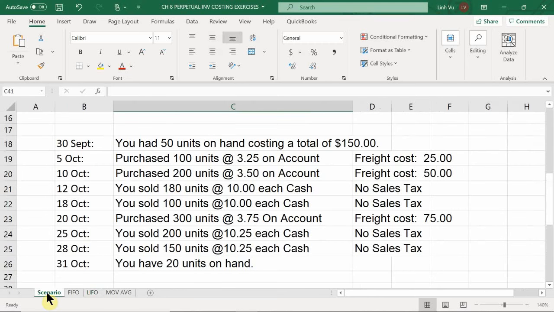All right, so then October 10, we end up purchasing an additional 200 units at $3.50 with a freight of 50.